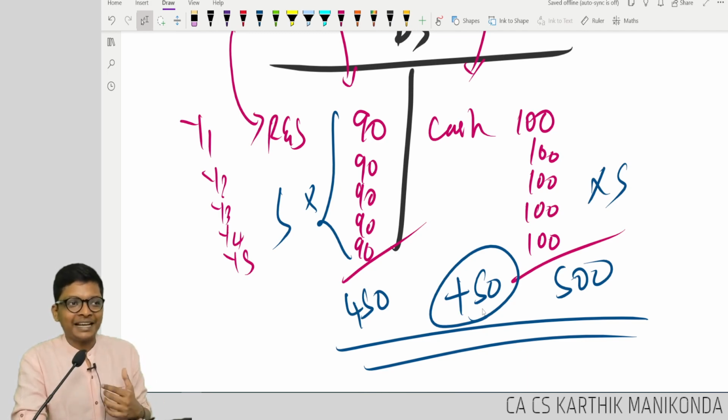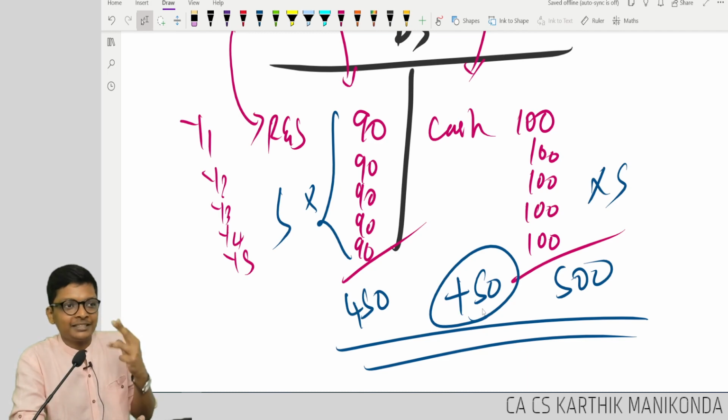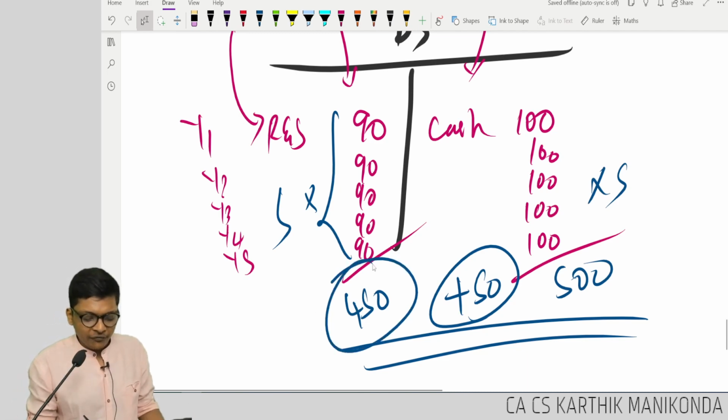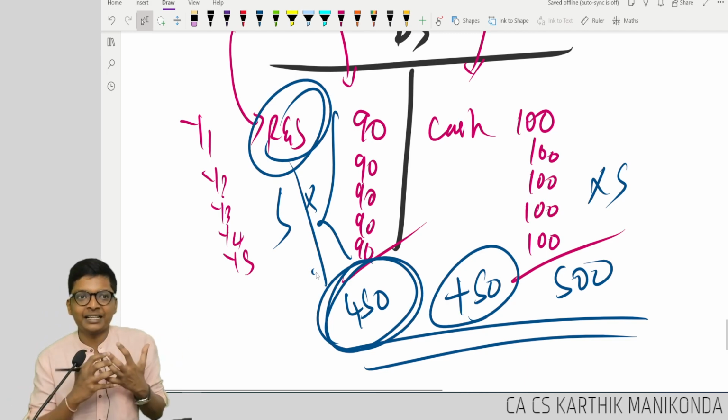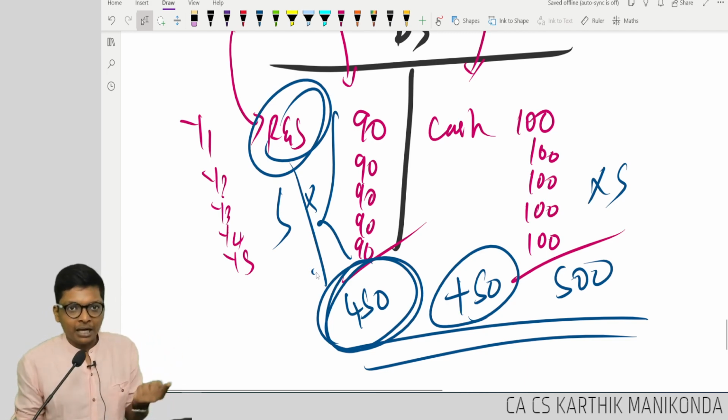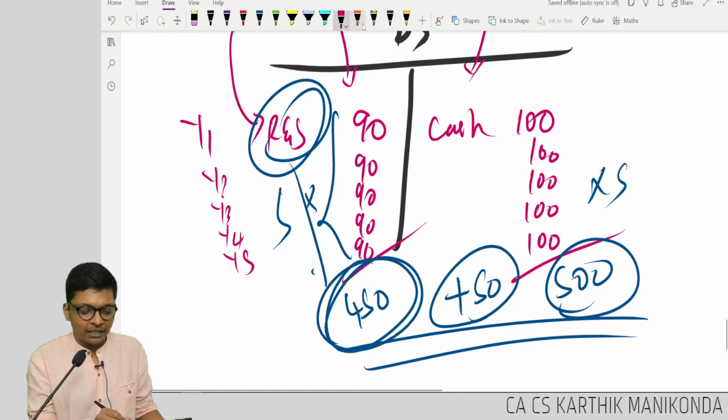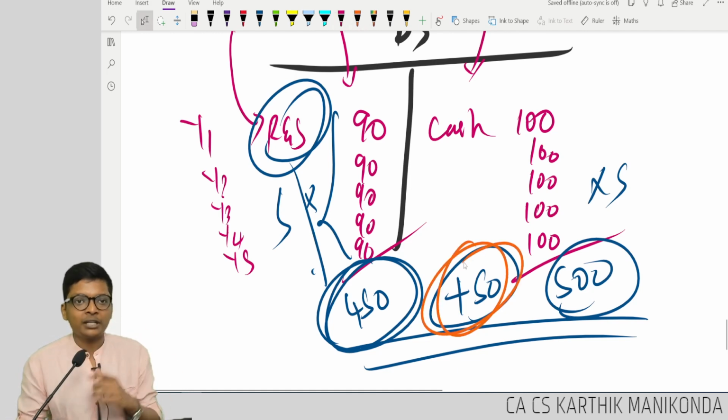What to do with this cash? Can I go for a trip and come? Because according to investors, stakeholders and government, I have only profit of reserves and surplus. Accumulated reserves is 450, but accumulated cash is 500. This extra 50 is what, guys?